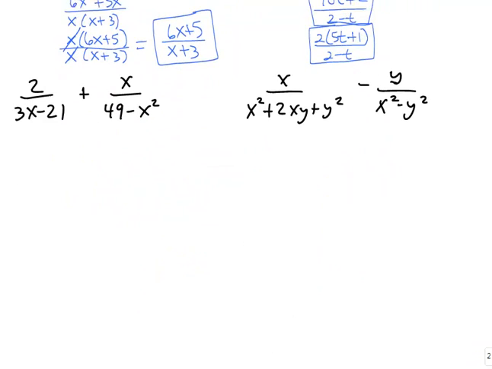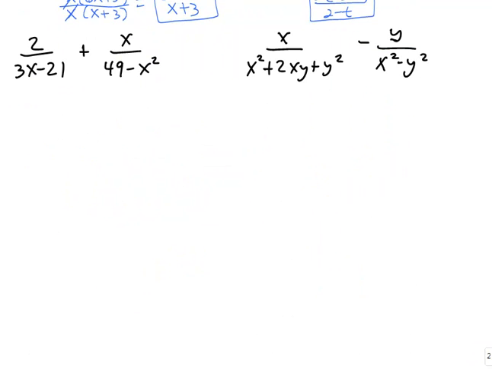Okay, our next example. We have the denominator 3x minus 21 and the denominator 49 minus x squared. So in both of these denominators, they can be factored. The first one, you need to notice that 3 goes into 21. So I can factor out a 3, and that will leave me with x minus 7.